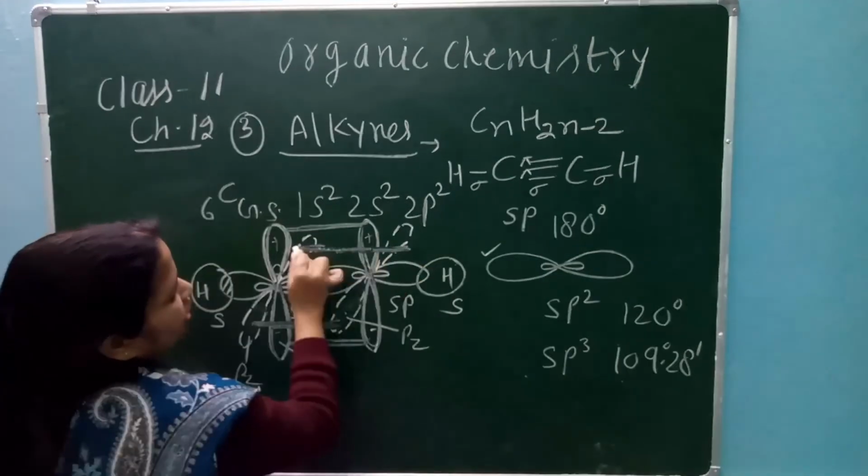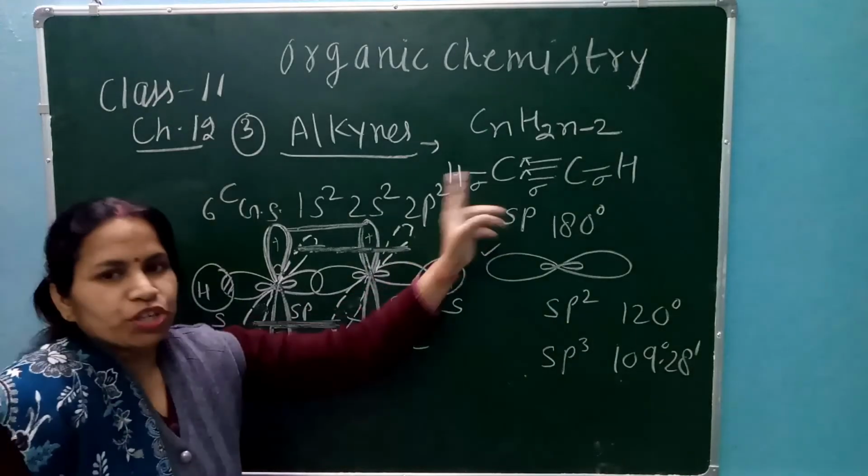This is the pz overlapping. Now the pi bond is formed like this.